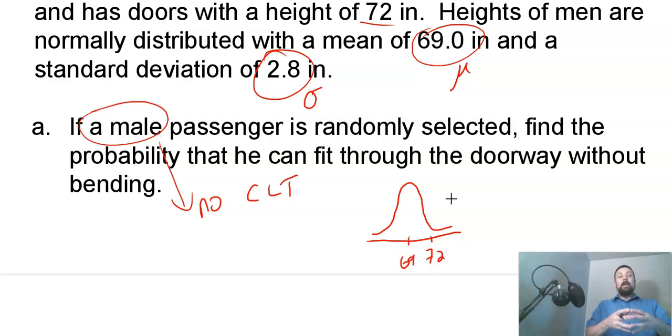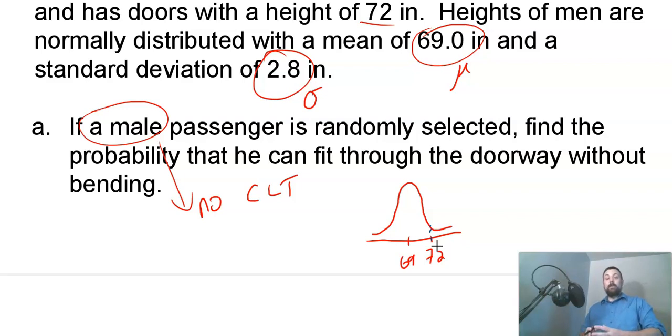What's the probability that he can fit through the doorway without bending? You have to realize that in order to fit without bending, my height would have to be less than the height of the doorway. The height of the doorway is 72 inches. As long as my height's less than that, I won't have to bend when I pass through it, right? And so we're looking for the probability that if we randomly select a male passenger, their height is less than 72 inches.